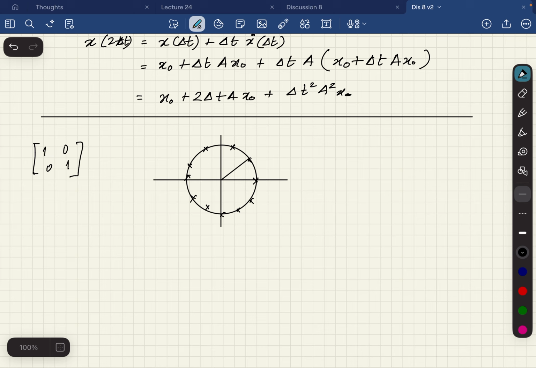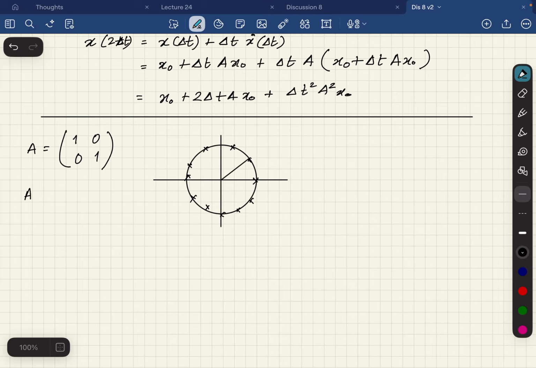What happens when you multiply a 2D vector with this matrix which is given here? Let's call it A. So what happens when you multiply a 2D vector with A? Let's see.